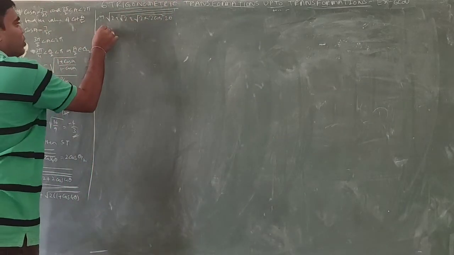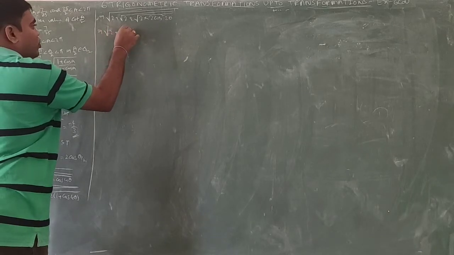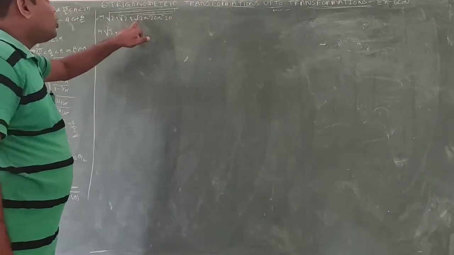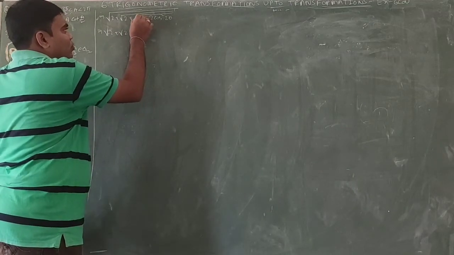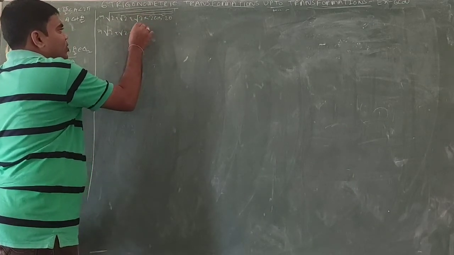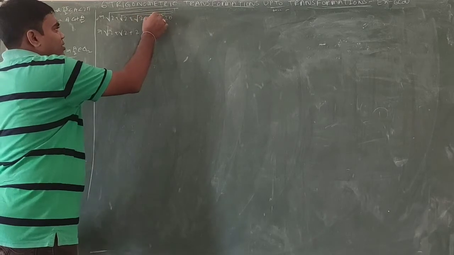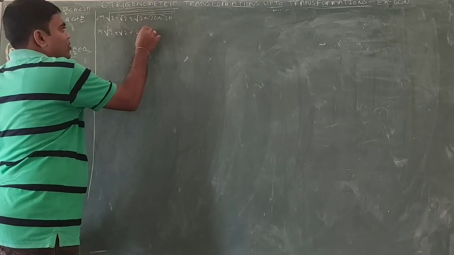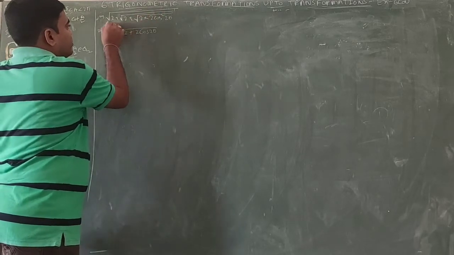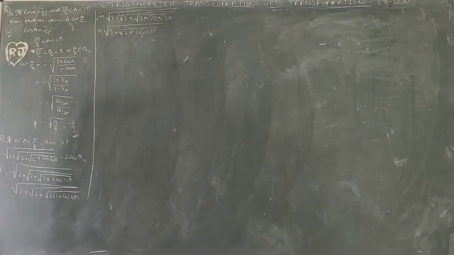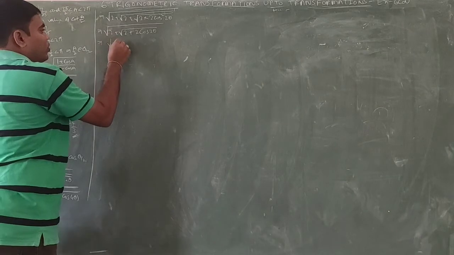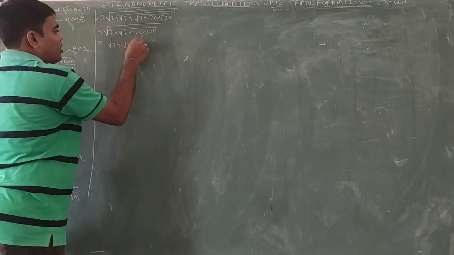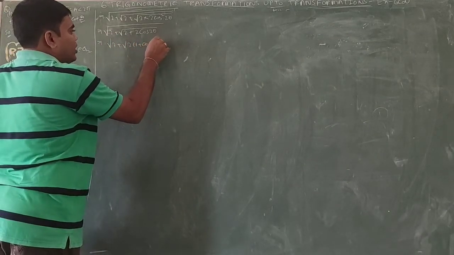Okay, now square root of 2 plus square root of 2 plus 2 into 2 is 4, bringing 4 outside of the root as 2, bringing cos square outside of the root, cos 2 theta. Now again I want to take 2 common, square root of 2 plus square root of 2 of 1 plus cos 2 theta.